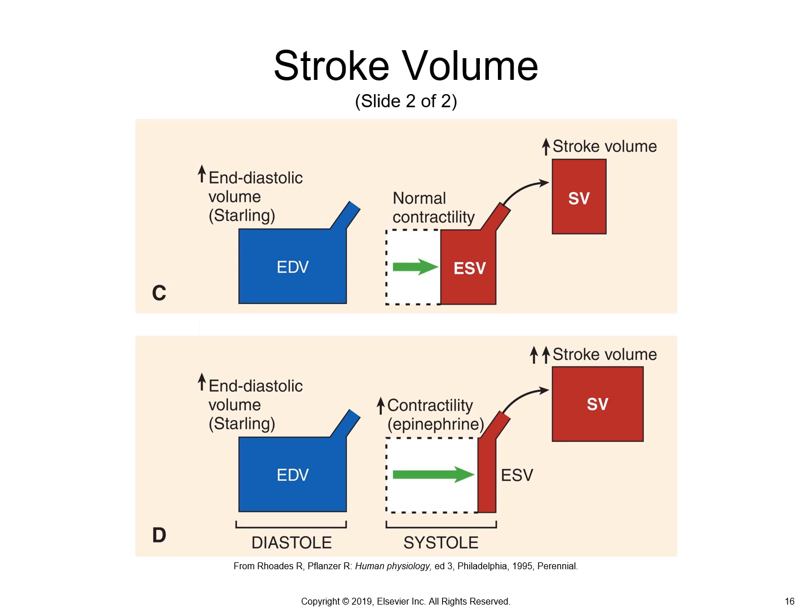So in diagram C, again, we're looking at normal stroke volume with increased EDV. So the diagram shows the effect of the Frank-Starling mechanism on stroke volume. So EDV is increased, meaning more blood fills the ventricle because of Starling's law. A fuller heart stretches the muscle fibers, leading to a stronger contraction.